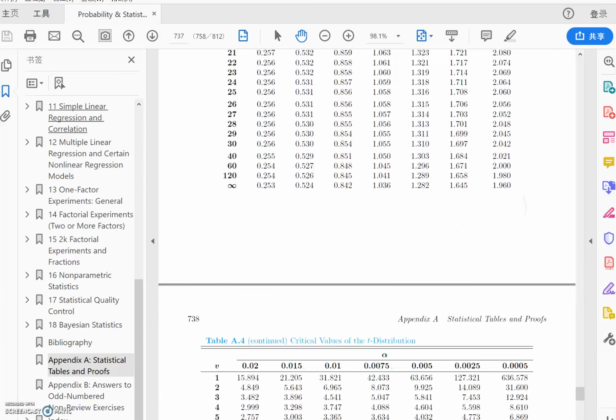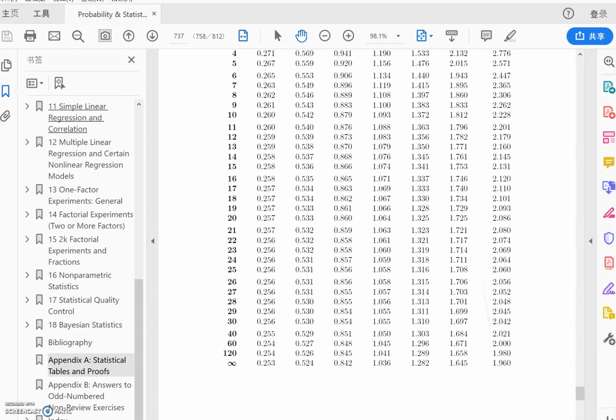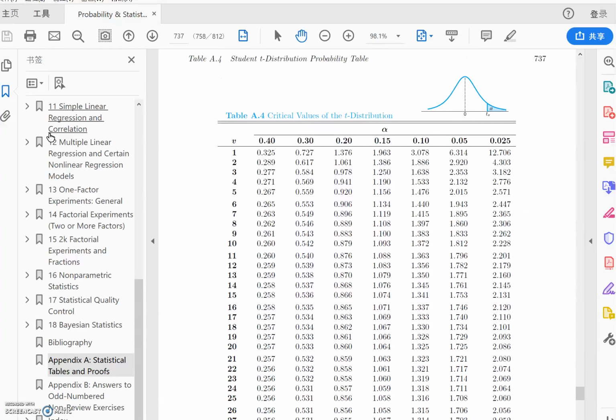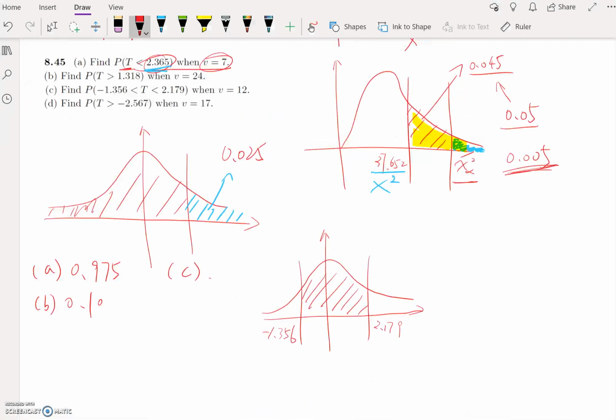You will notice that there is no negative value for alpha in the t-distribution, but we know the t-distribution is symmetrical, so we can find the yellow part by finding the same thing here, 1.356.